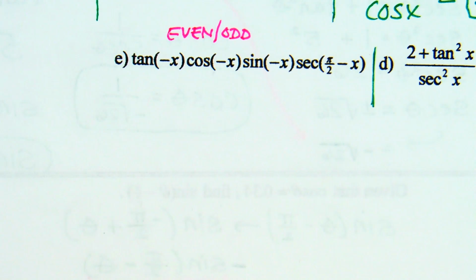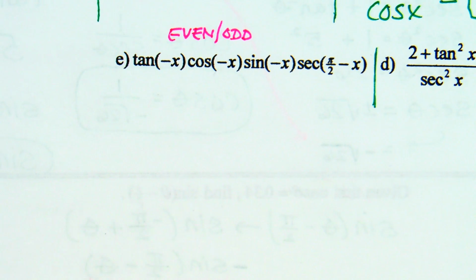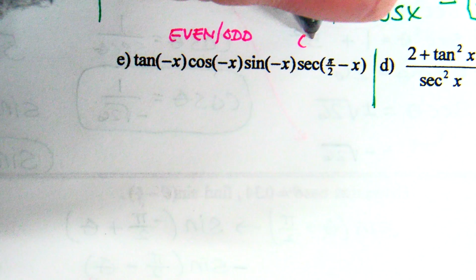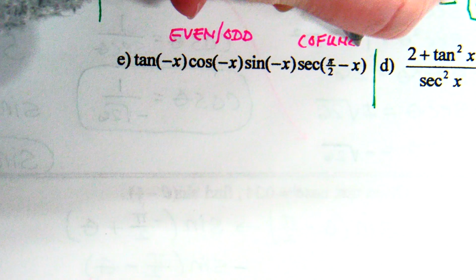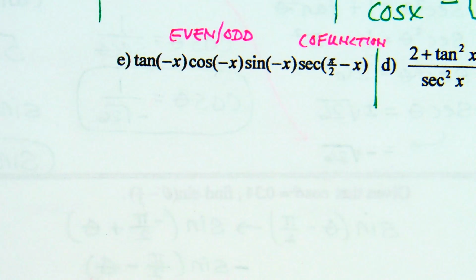What about when you see that pi over 2 minus x in parentheses? That tells me I'm going to look at my cofunction identities. These to me are some of the easiest to identify because, oh, negative x, I got to go for even odd. Oh, pi over 2 minus x, I got to go for the cofunction. So use your identities and replace each of those.